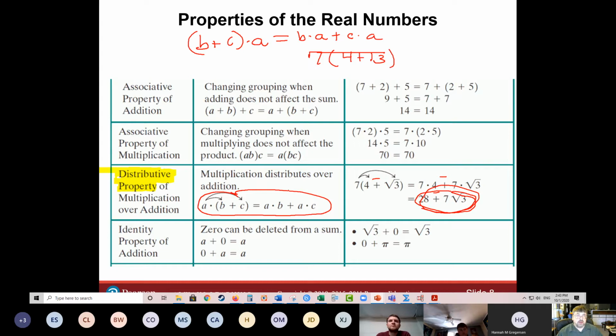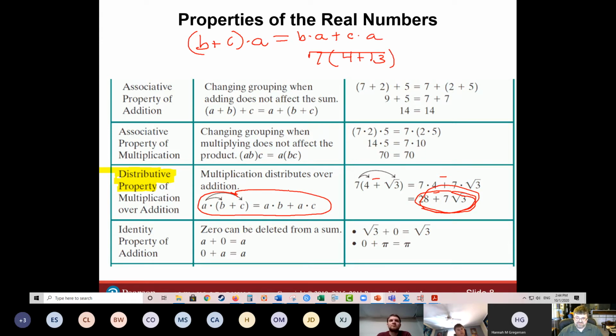The next two properties are the identity properties. The identity property of addition, I really dislike how your book describes these. Your book's definition is that 0 can be deleted from a sum. I don't particularly think delete is a good math term, but that's just me. It makes more sense to me simply to say that 0 added to any number equals that number.